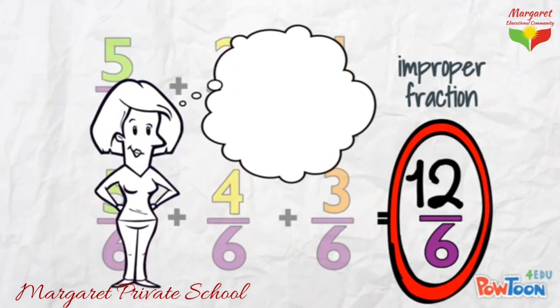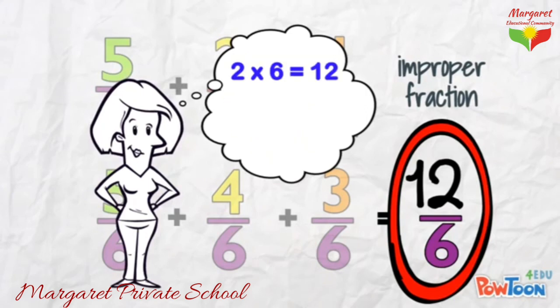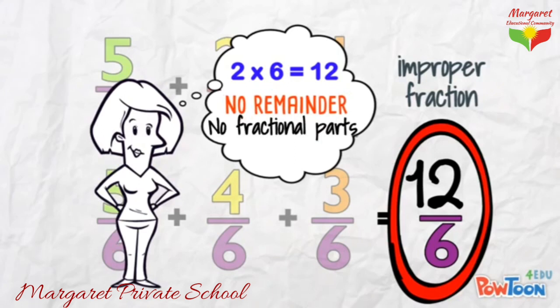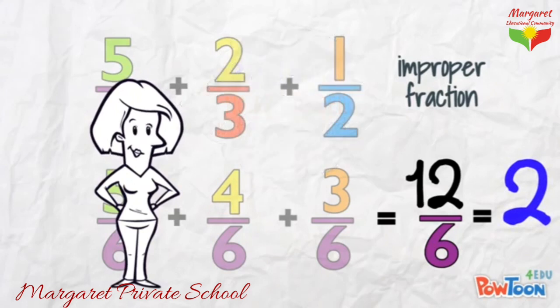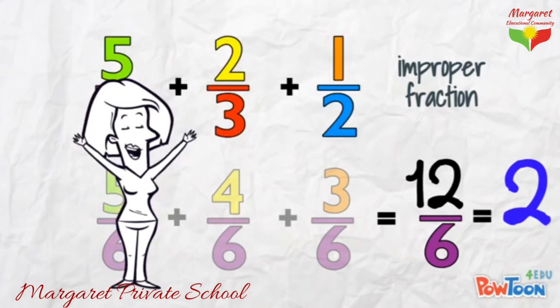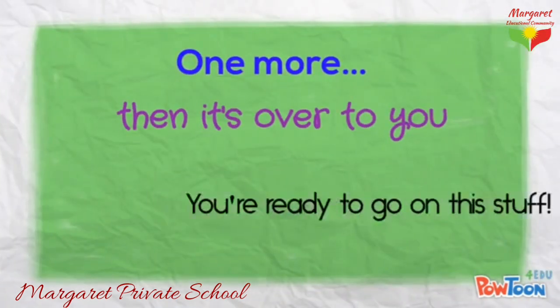How many 6s are there in 12? There's 2 lots of 6 in 12. There's no remainder, so there's no fractional parts to show. Our answer is just 2. When we add these fractions, we get a whole number in our answer. Cool! One more and then it's over to you because I think you're ready to go on this stuff.